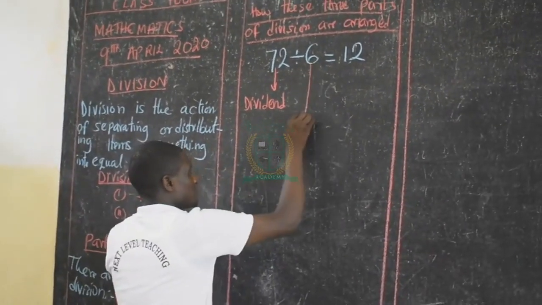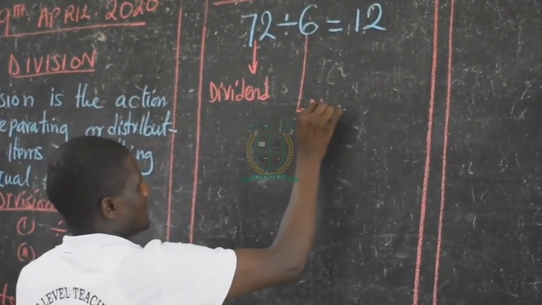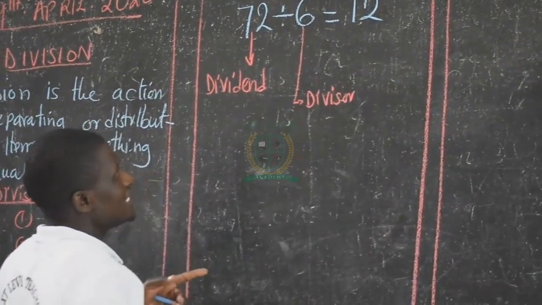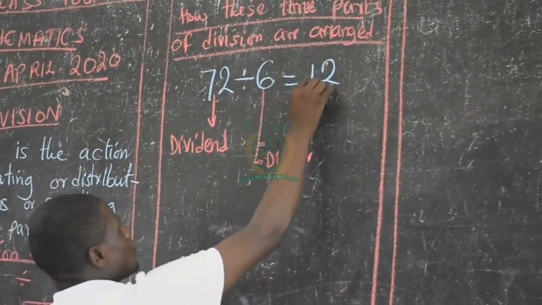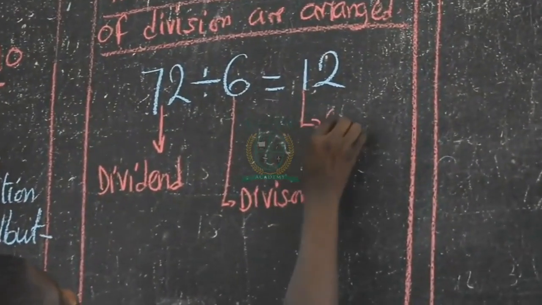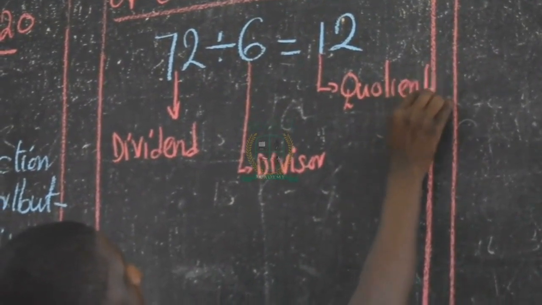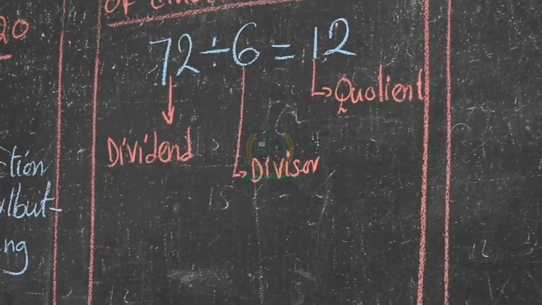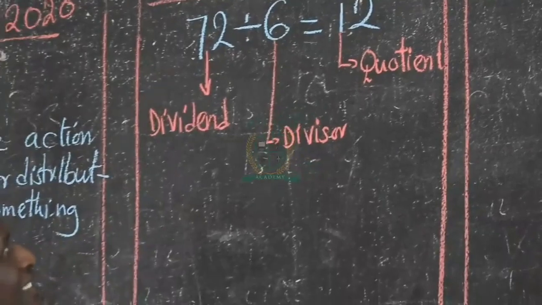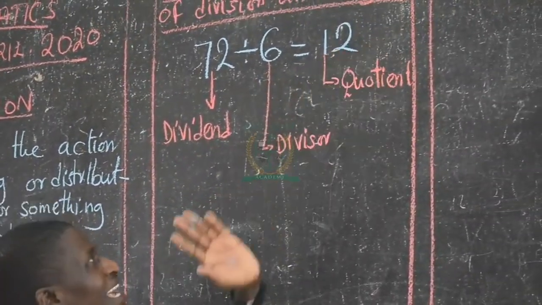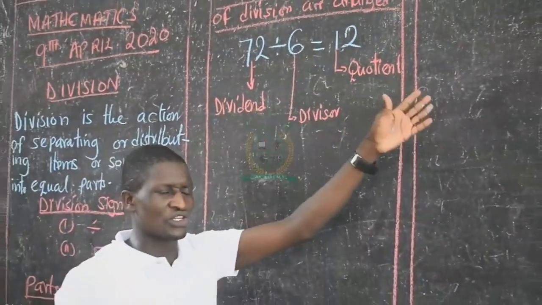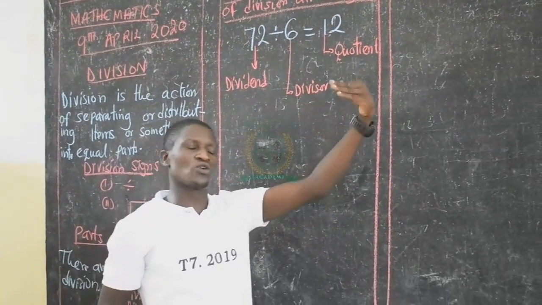Then 6 is the divisor. Then 12 is the quotient. In other words, 12 is the answer. The answer in division, in this term, we call the quotient.